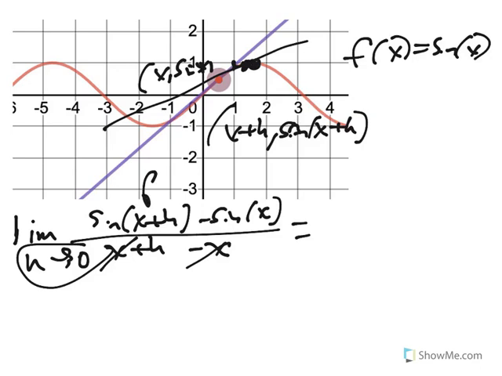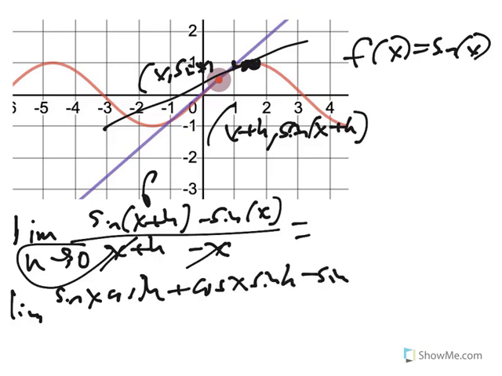This we can expand with the sine a plus b formula. Sine x cosine h plus cosine x sine h minus sine x over h. And here's the slick trick.